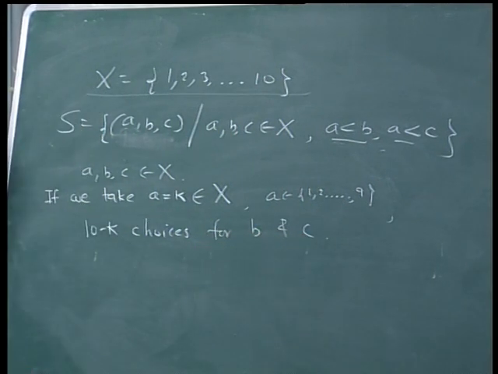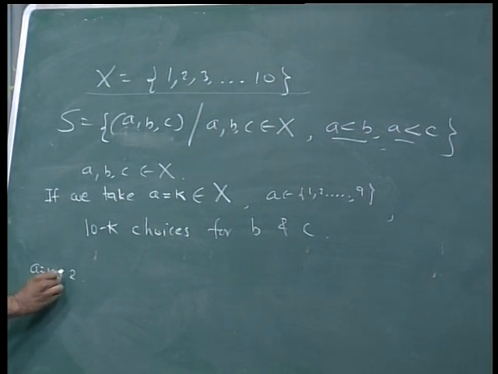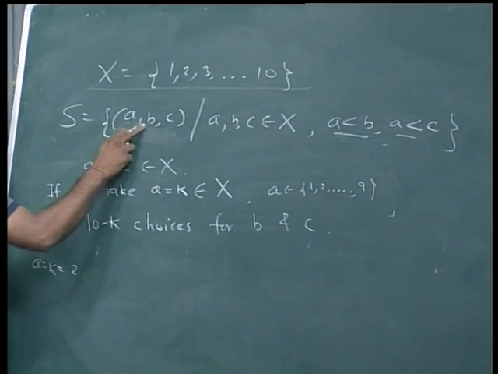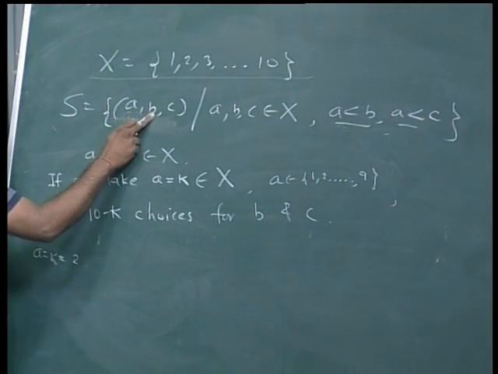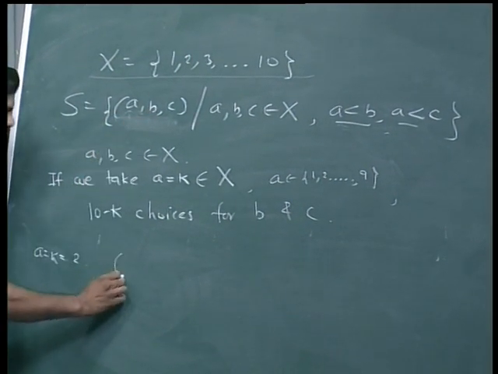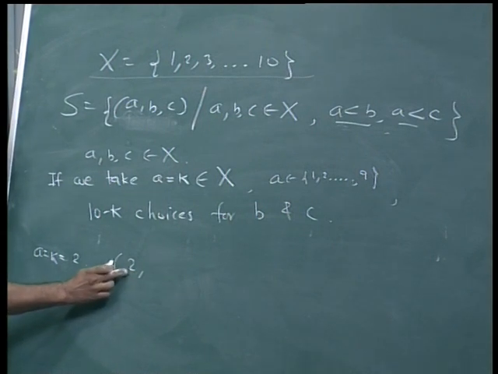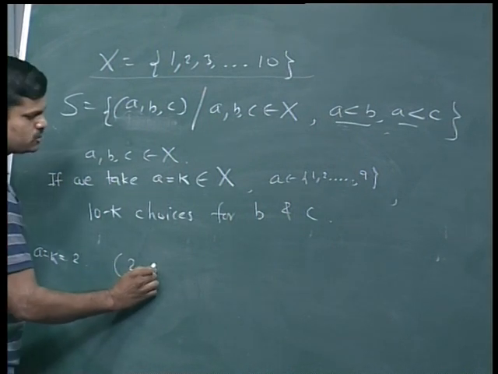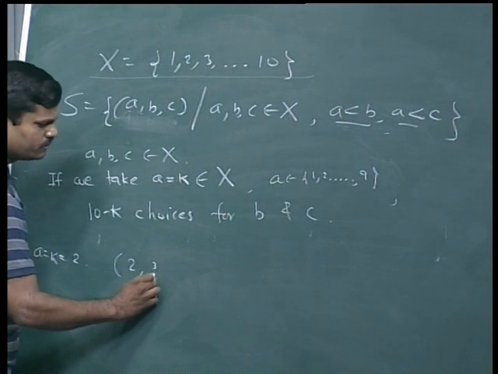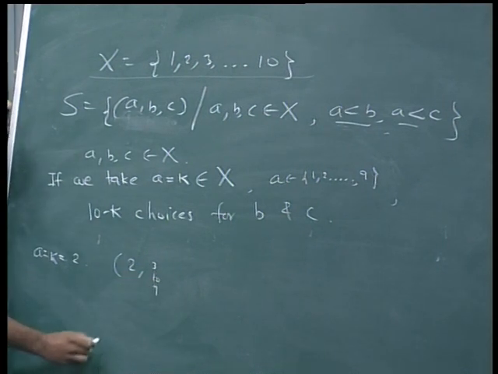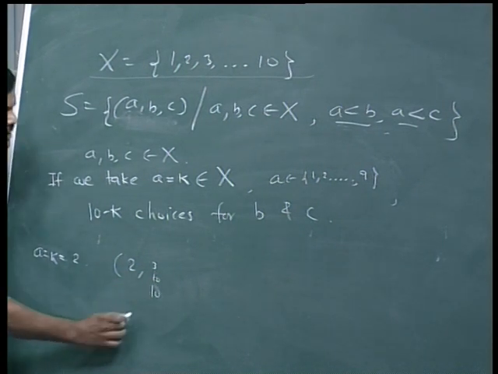Now how? If I put A equal to K, say for example 2, then I cannot put 1 here or 2 here, because once the first coordinate A equal to 2 is fixed, this has to be from 3 to 10.